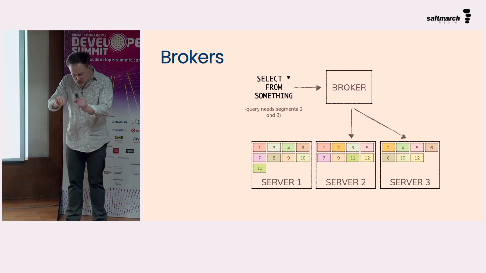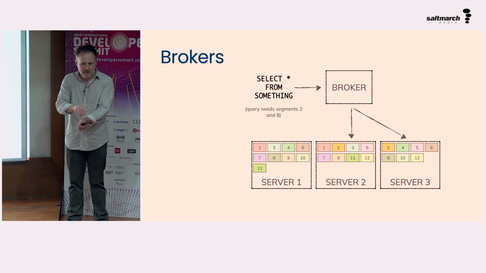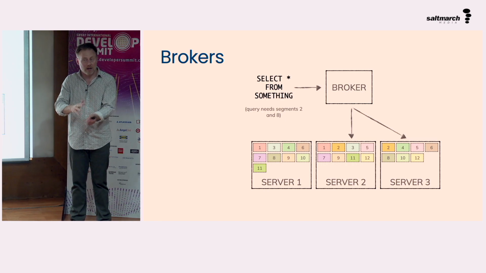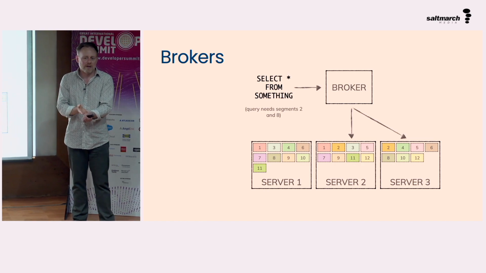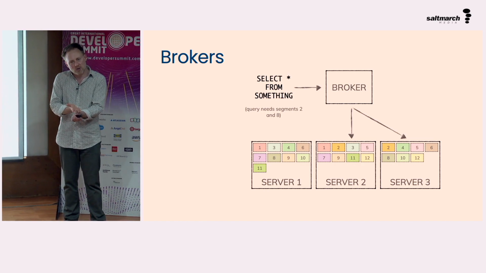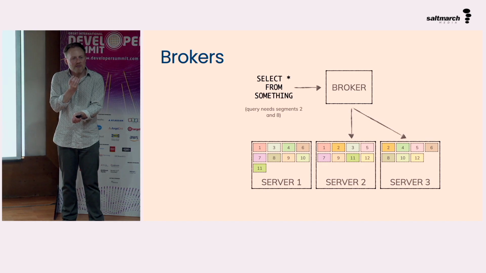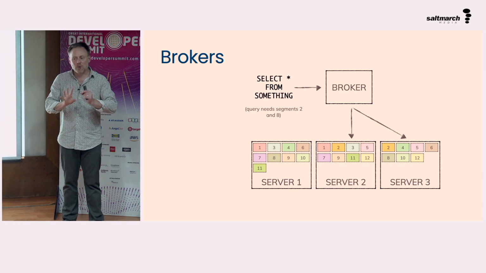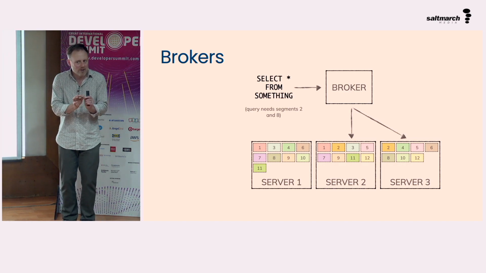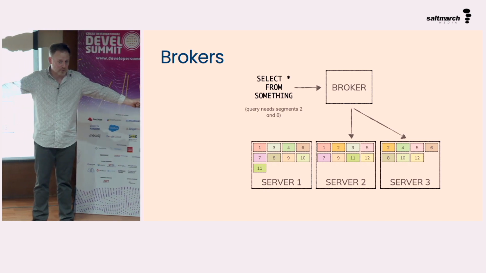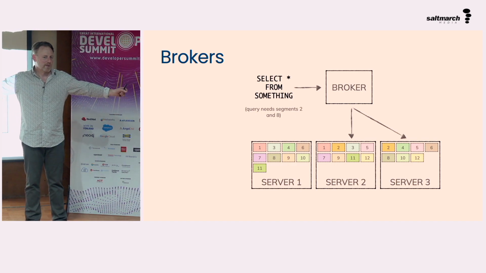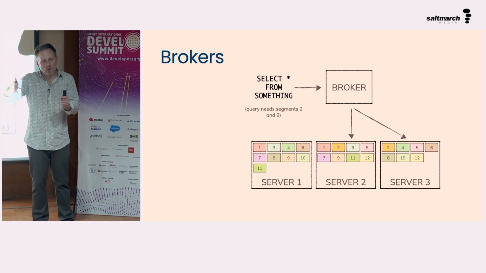Those servers do I/O on the segment file, and sorting, grouping, aggregating, whatever computation the query needs, and they return a partial result for the segments they were responsible for.